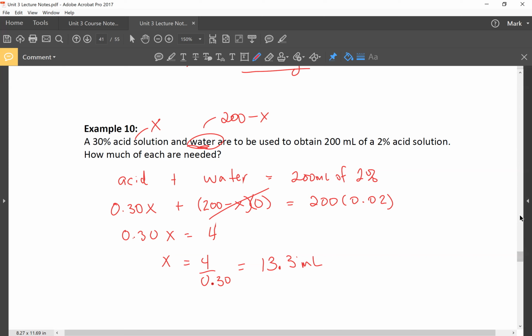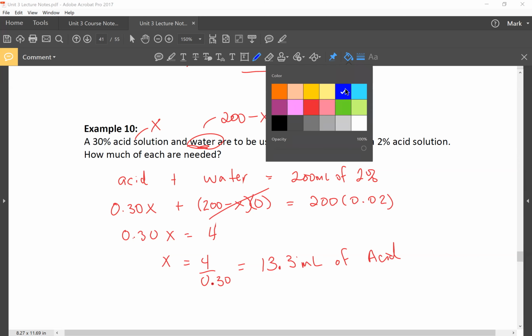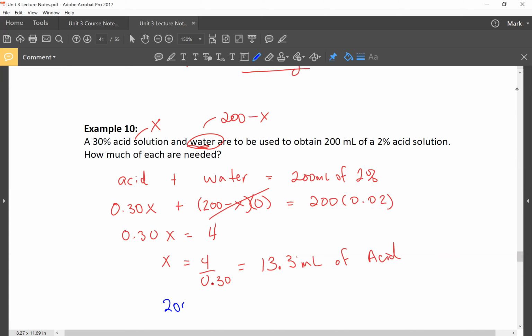That's how much acid I need. The water is going to be 200 minus that number. I'll just do it on my calculator to make sure: 186.7, sorry.